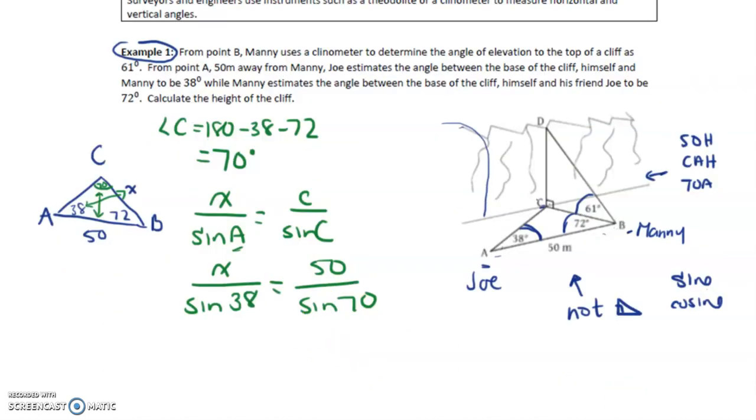In this question, all we have to do is cross multiply the sine 38 up. I'm going to put it on the right. So we're going to have X equals 50 times sine 38 over sine 70.